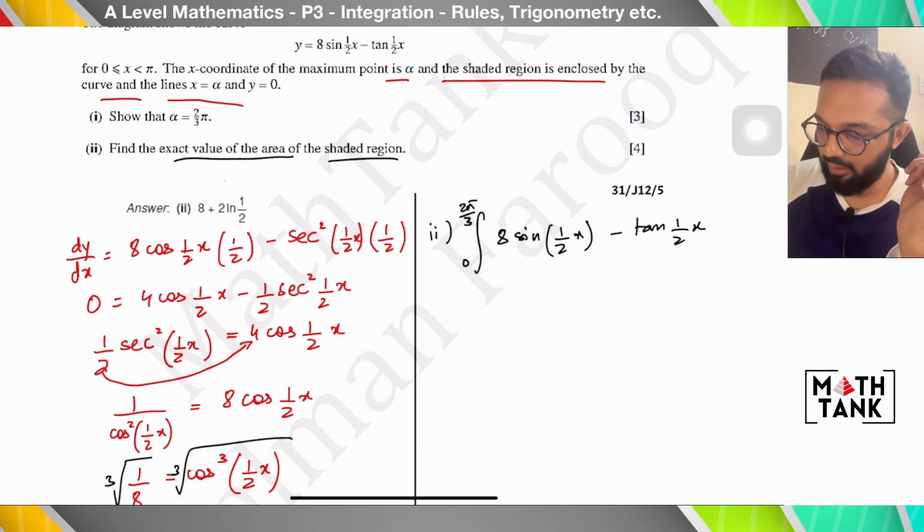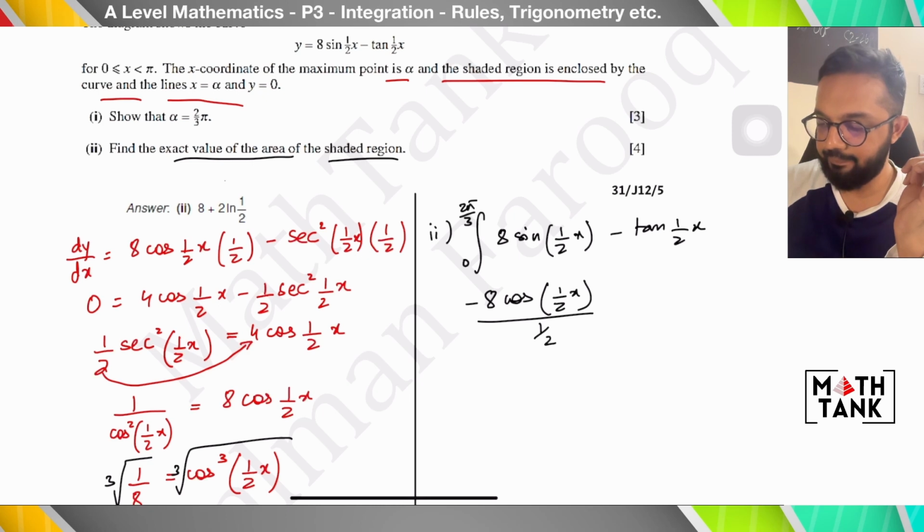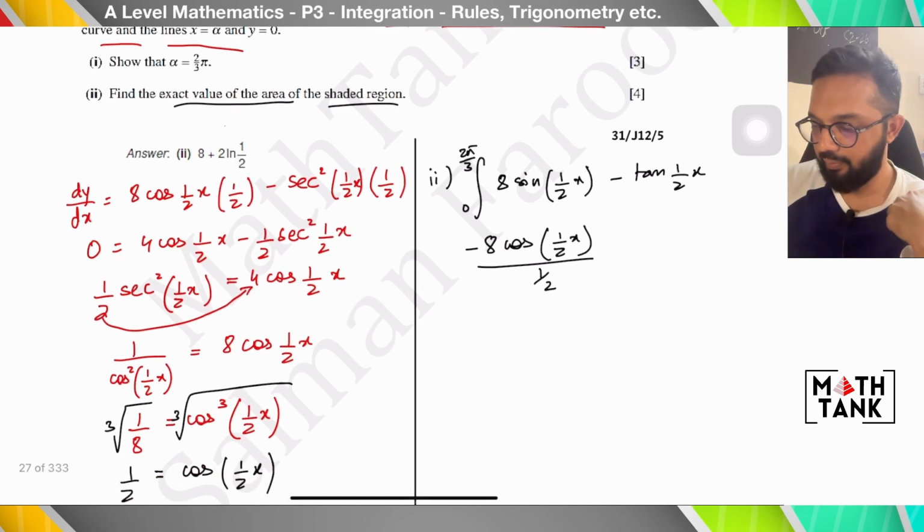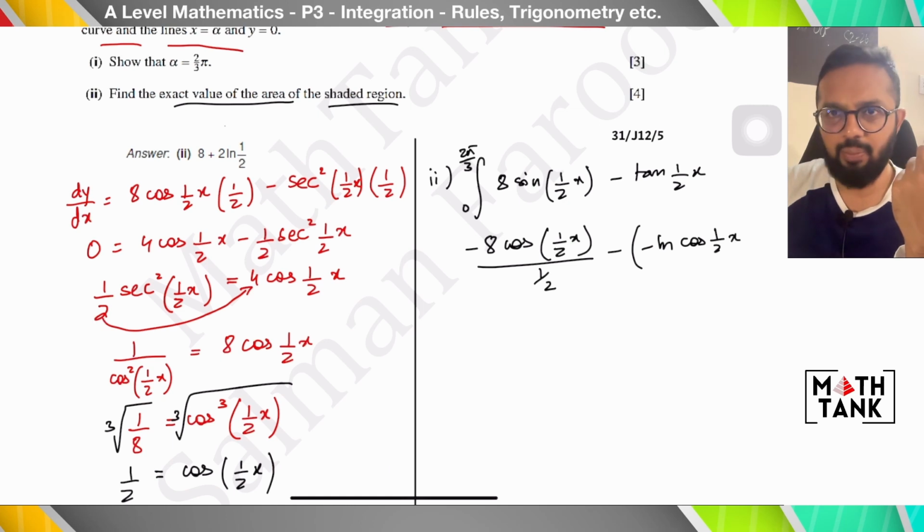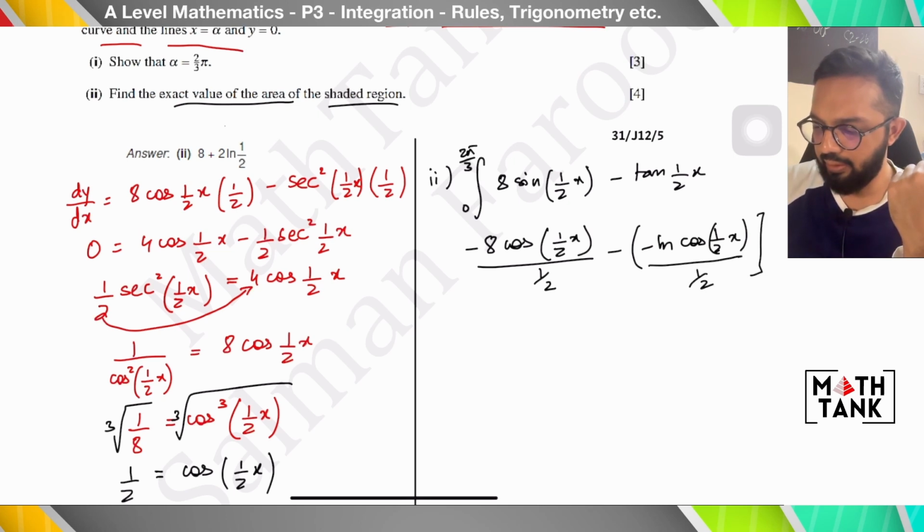Okay, so 8 sine half x integrates to 8 minus 8 cos half x over half, and tan integrates to minus ln cos half x. This is from integration by recognition, although we learn it, it's easier to remember it rather than derive it every time. So 0 to 2 pi over 3.